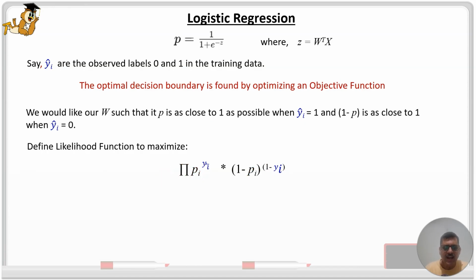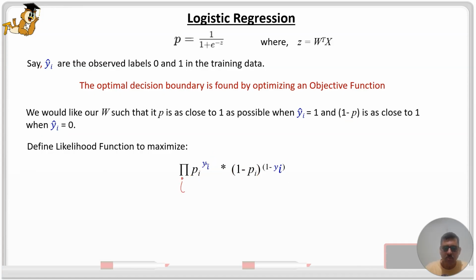What happens when Y hat equals 0? When Y hat equals 0, this becomes 1, this goes away. And for those points, 1 minus Y hat of I becomes 1 because Y hat is 0. So this is 1, and therefore you are maximizing 1 minus P of I for those points. Remember we said 1 minus P of I you would like to be as close to 1 as possible when Y hat of I equals 0. So this product over I of all of these terms is a nice compact way of writing it.